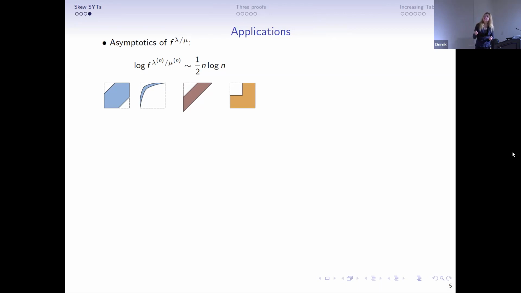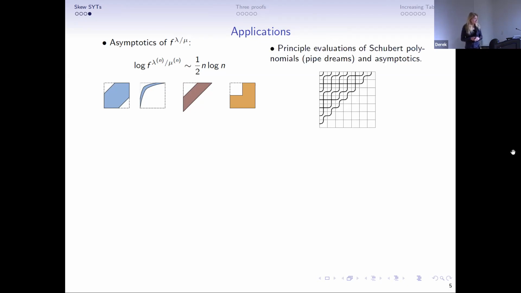Certainly the leading term would come out as square root of n factorial, which is 1/2 n log n, and then of course we will get bounds for the next terms this way.